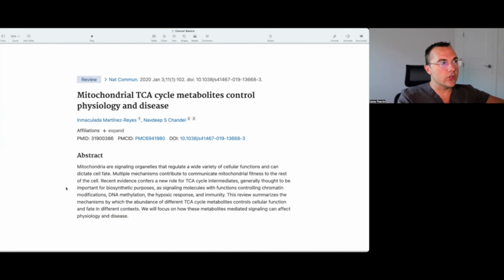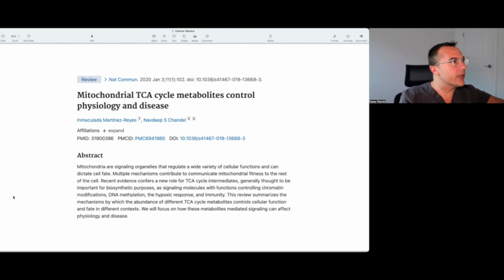Recent evidence confers a new role for TCA cycle intermediates, generally thought to be important for biosynthetic purposes, as signaling molecules with functions controlling chromatin modifications, DNA methylation, hypoxic response, and immunity. This review summarizes the mechanisms by which the abundance of different TCA cycle intermediates control cellular function and fate in different contexts. We will focus on how these metabolite-mediated signaling events can affect physiology and disease.